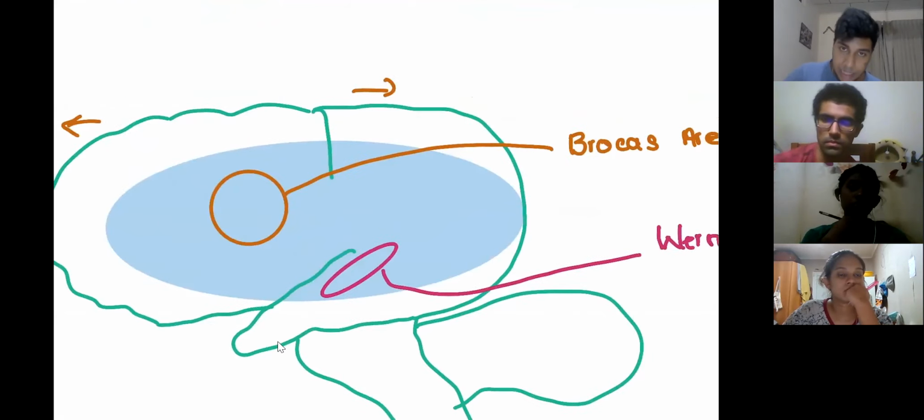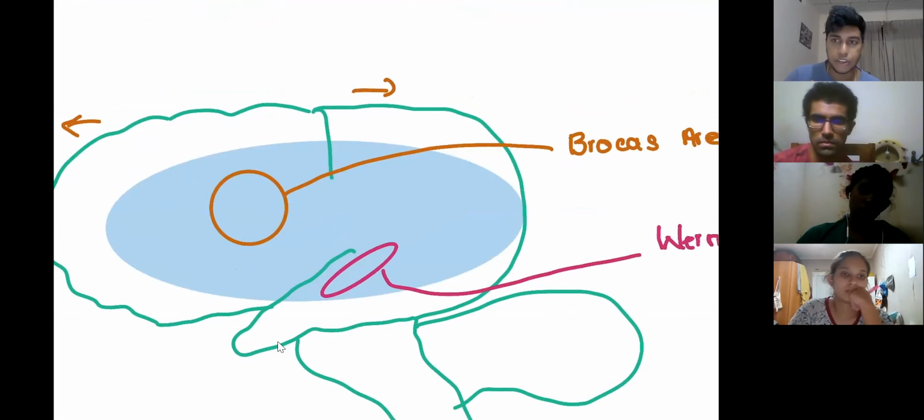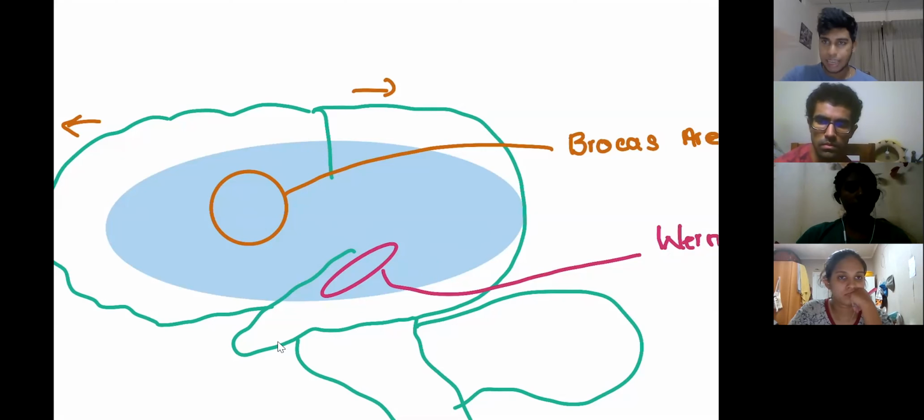See, when I highlight this area, I'm just highlighting the entire middle cerebral artery. It has branches, and the stroke will most likely affect a branch. If it hits the entire MCA, the person is most likely dead. He will be paralyzed. He will be in a coma.